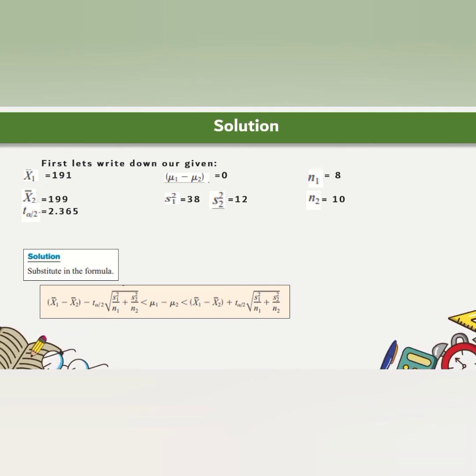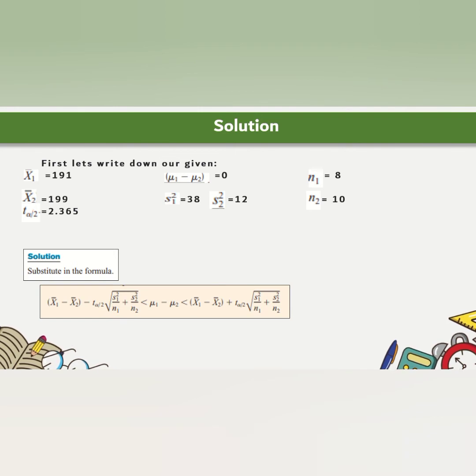The t alpha over 2 is equal to 2.365. Population mean 1 minus population mean 2 is equal to 0. The variance for sample 1 is equal to 38, and the variance for sample 2 is equal to 12. Our sample size 1 is equal to 8 and sample size 2 is equal to 10.